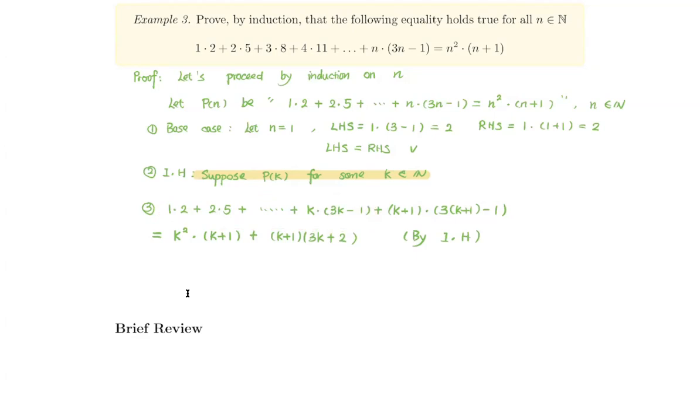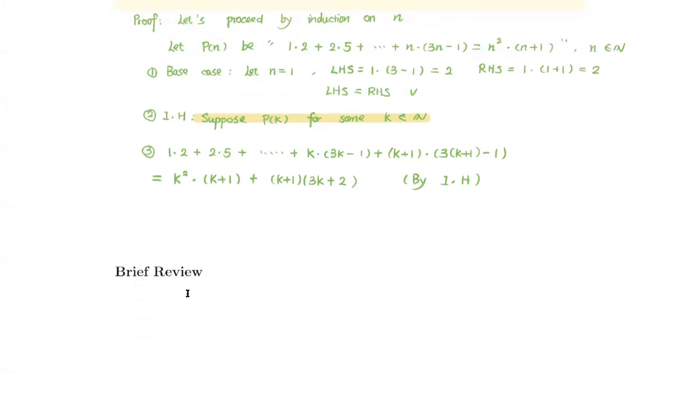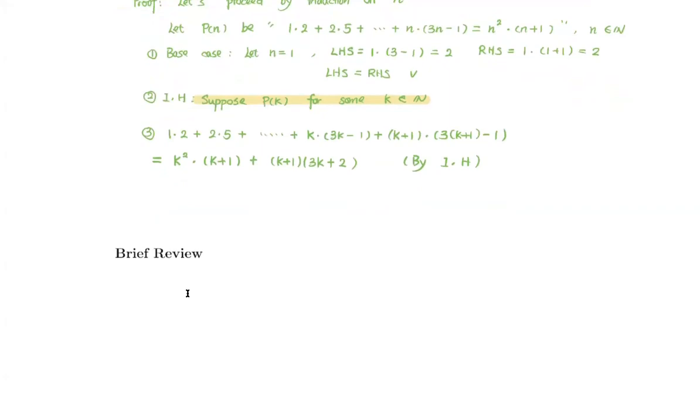I didn't write what P of k is, but you should know what it is, okay? So now you can simplify it. The rest is just algebra, okay? So this equals k plus 1 times k squared plus 3k plus 2.